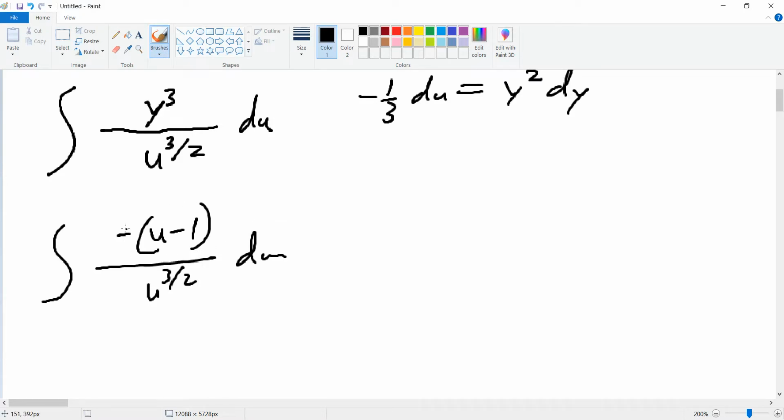And so now we can split up the integral, because you can't really take an anti-power rule of this. Oh wait, I forgot the minus 1/3 part.